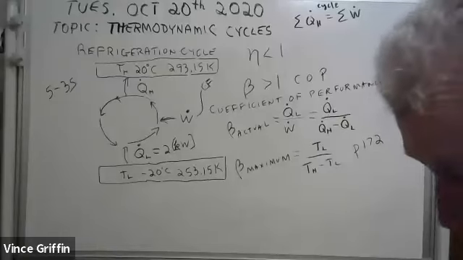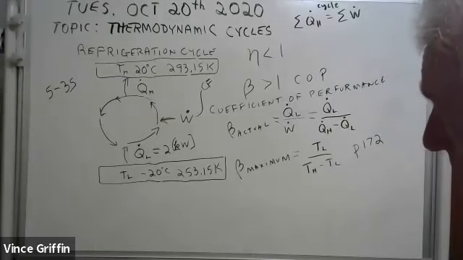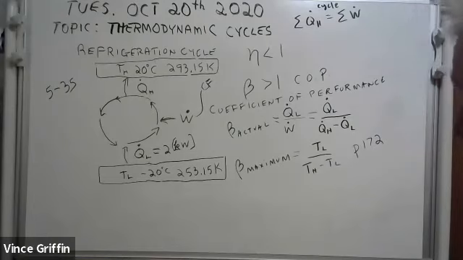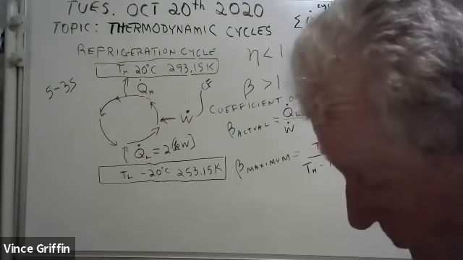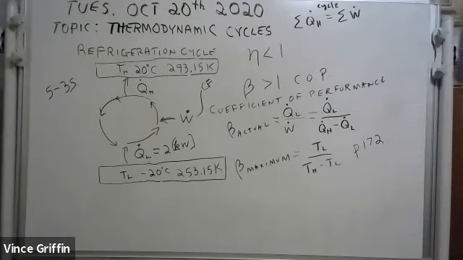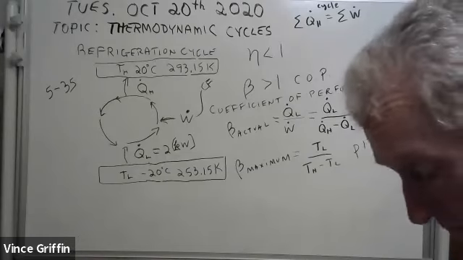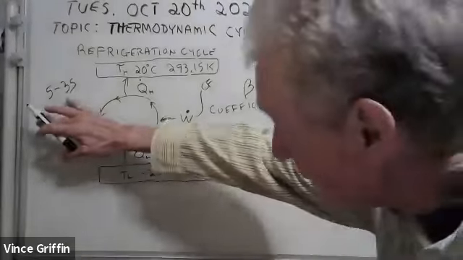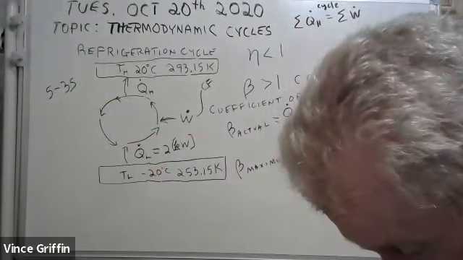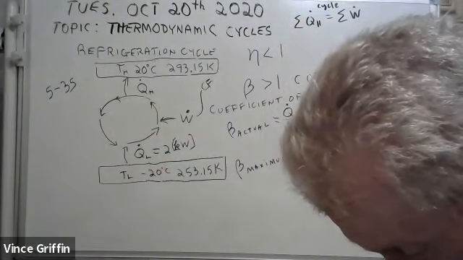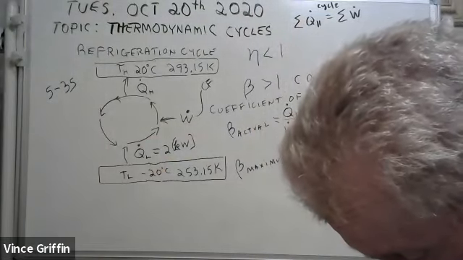Okay, now here's what we're going to do. It's the same trick that we did last time. We're going to set these equal. We're going to set the actual coefficient of performance equal to the maximum coefficient of performance. We're doing problem 5.35. It's a refrigeration cycle. Well, it's a freezer actually, isn't it?